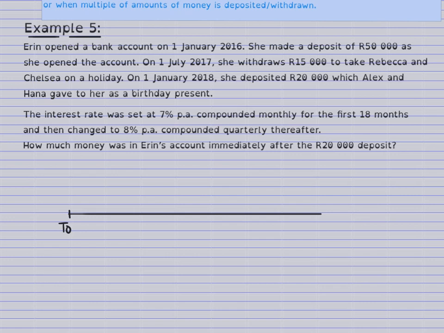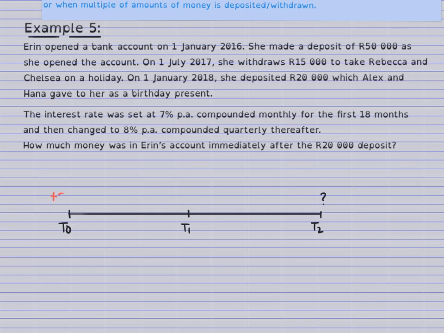T0 represents the start of my timeline, the start of my investment, or the start of my loan, depending on what the question is saying. So T1 will represent 1 year passing. T2, we're looking at how much is she going to have at the end of 2 years. So now, okay, I've set out how much time elapses over this entire investment period.